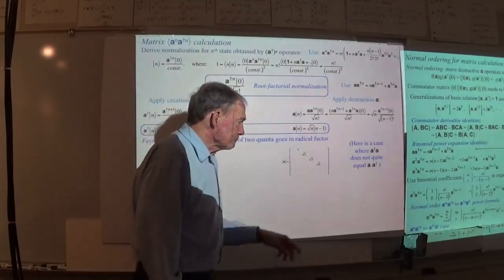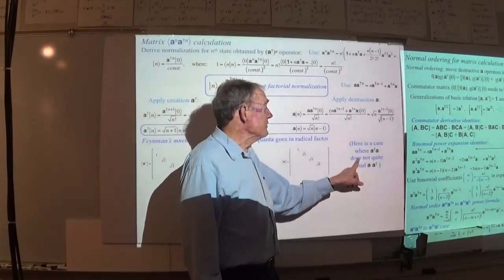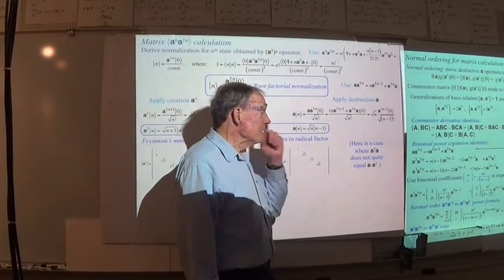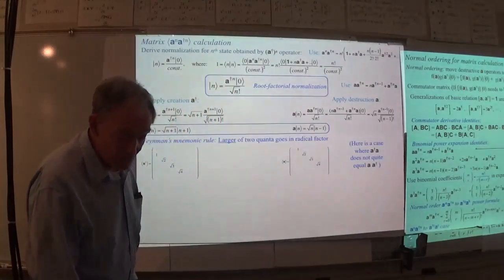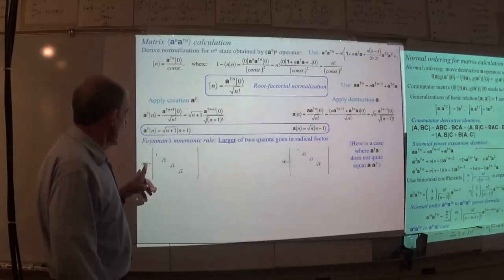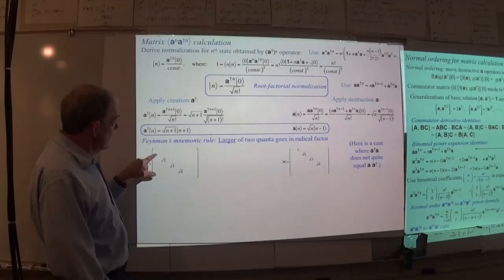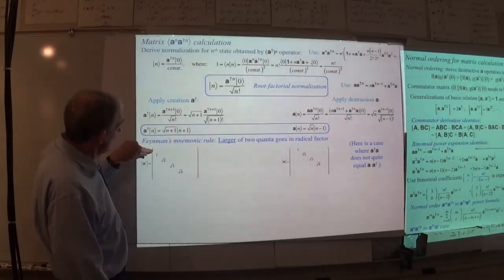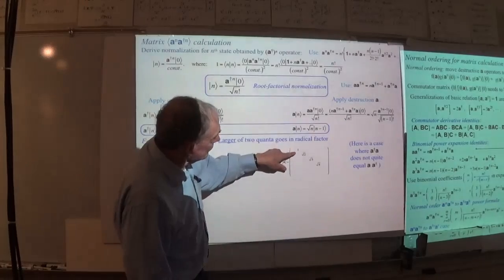Anyway, the idea here is the case where A dagger A is not quite equal to A A dagger. That's kind of what we're always saying about these operators. You see, here is the A dagger, okay, and you'll notice that there's an extra 0 row in it, right? Whereas this one has an extra 0 column.